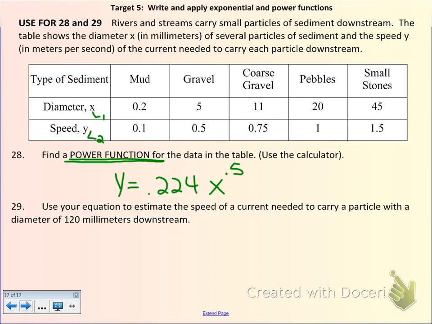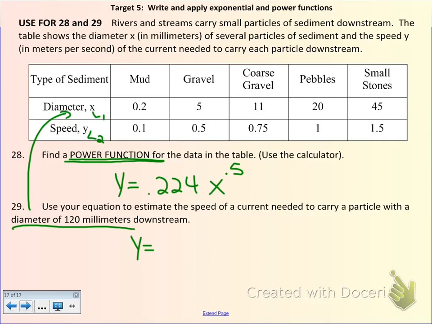That's our equation. Number 29, we'll use that equation to estimate the speed of a current needed to carry a particle with a diameter of 120 millimeters downstream. So we're given that the diameter is 120 millimeters. We see that the diameter is represented by our x value, so that means we're going to plug it into the x.